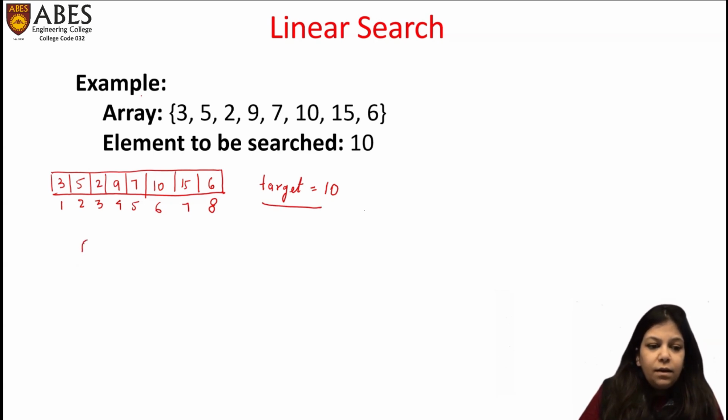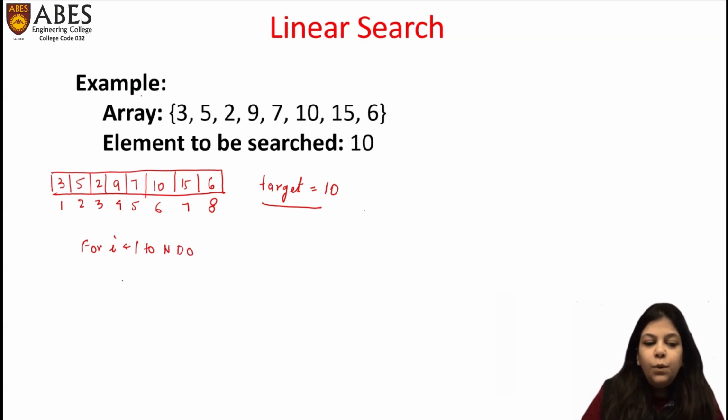We can take an I variable which begins with the first index, that is 1, and it will go till the last index, which can be n in general.